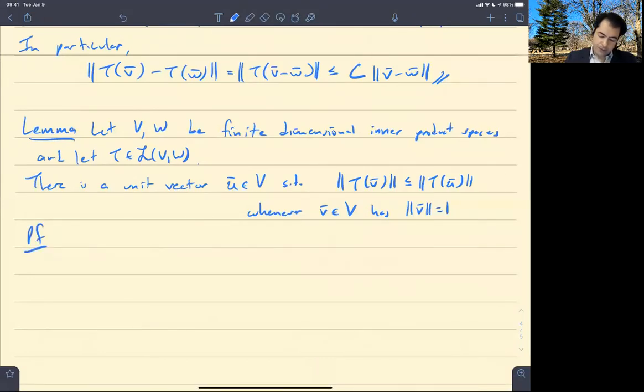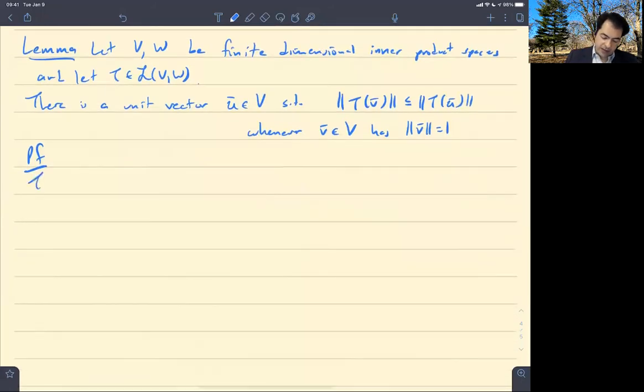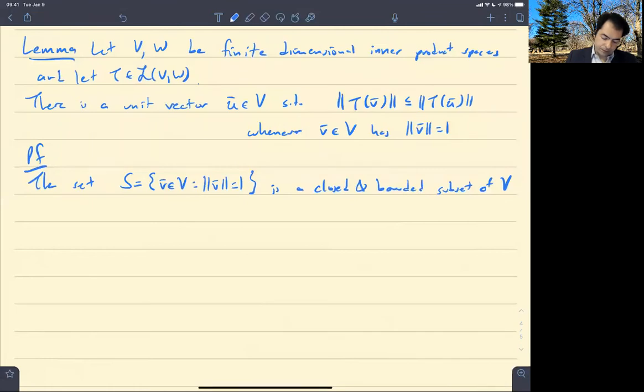Okay, and the proof is just to say that the set of the unit vectors is a closed and bounded subset of V. The function f that we just talked about from V to the real numbers that assigns to a vector the size of T of V is continuous.